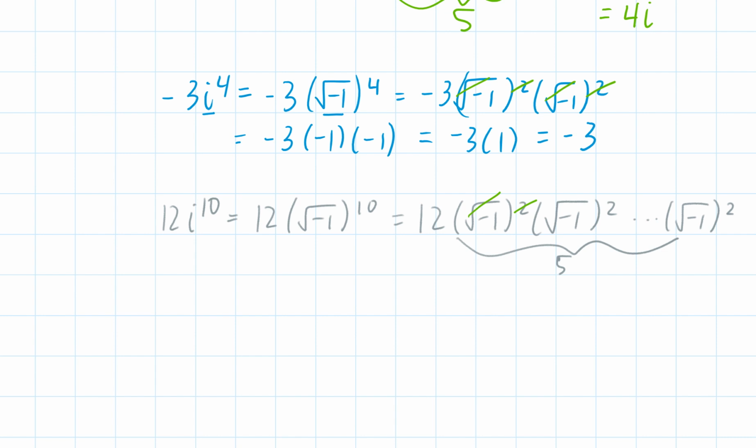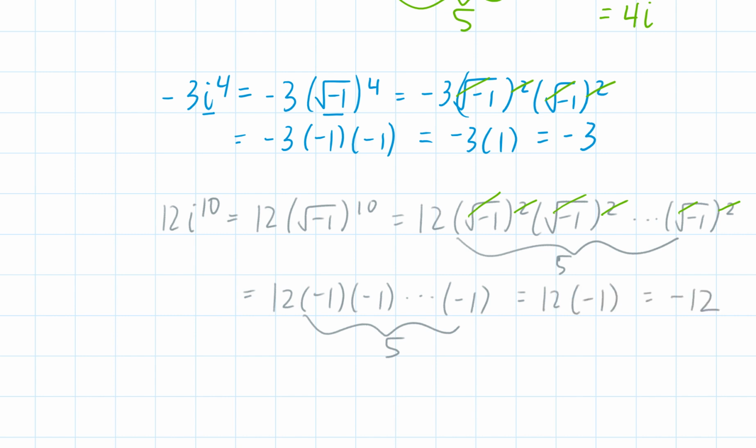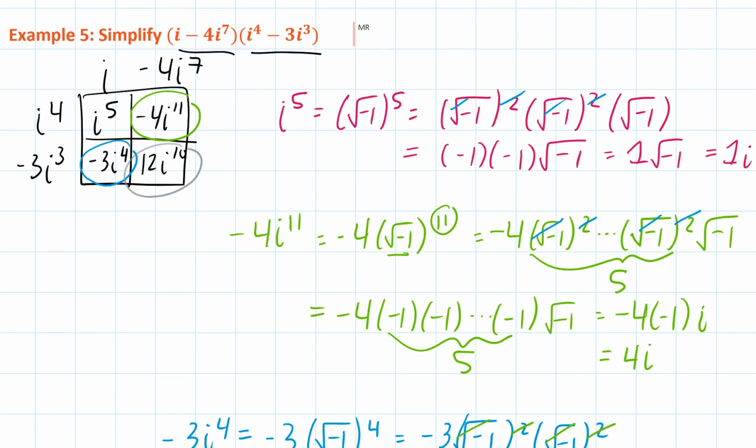Cancel inverse operations. Multiply negative 1 times negative 1 5 times will give you negative 1. And then we're simplified.